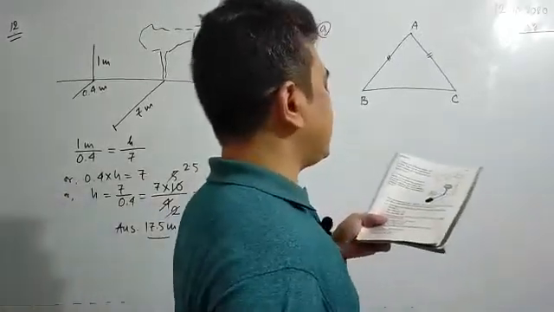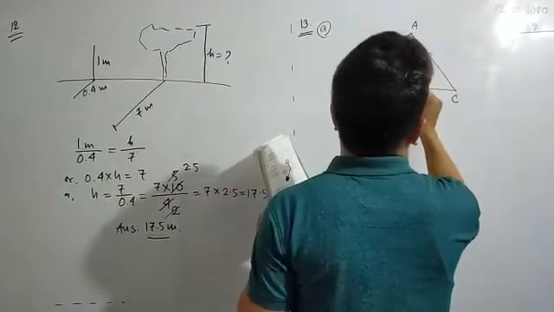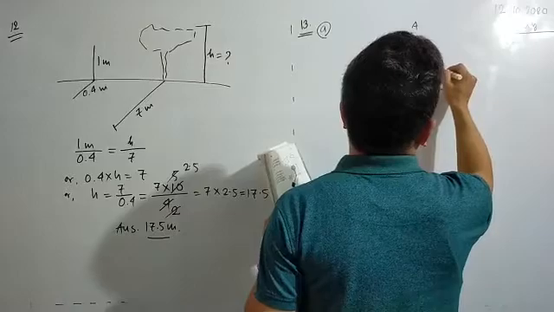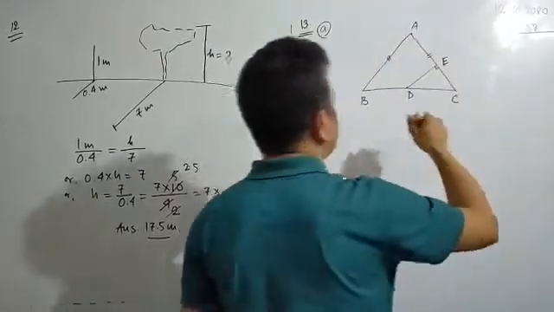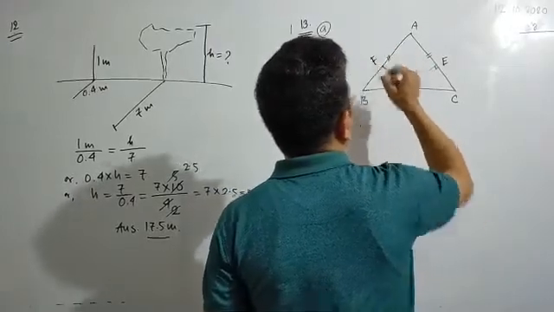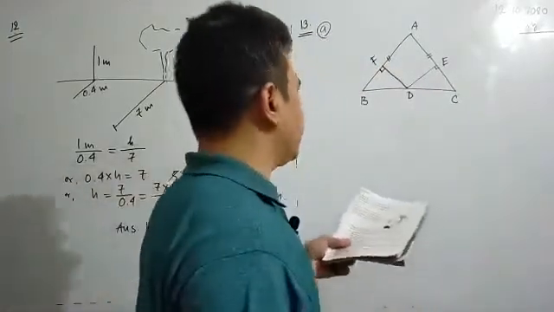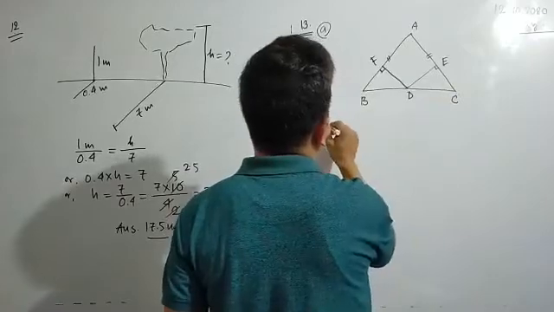DE and DF are the perpendiculars, this is DE and this is DF, so here also 90 degree. So this is our required picture.